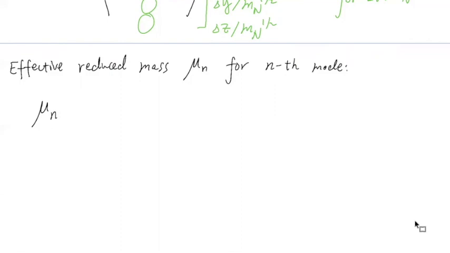For a diatomic molecule, because you only have 2 atoms, you only have 1 non-zero frequency vibrational mode, right? So the reduced mass is simply m1 times m2 divided by the total mass of the diatomic molecule. So here you have a polyatomic molecule. So you cannot define the reduced mass by using two atoms that are connected by a chemical bond. You have to generalize the definition of the reduced mass.